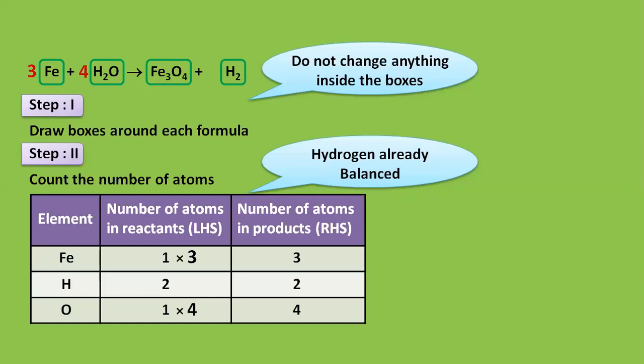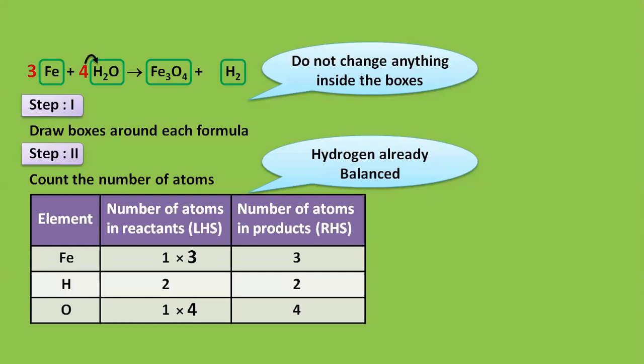But this 4 we put to make oxygen 4, and because of that, the neighbour got affected. Who's the neighbour? Look in the equation: oxygen's neighbour is hydrogen. Hydrogen was already 2.